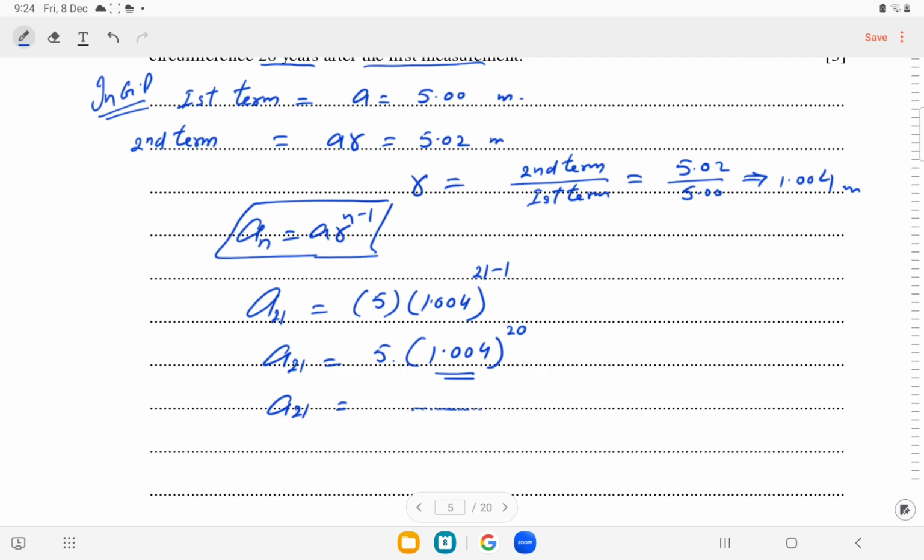I'm going to multiply 5 times bracket 1.004, very close, this power goes to be 20, and here comes the answer, 5.415. So we can write up to 2 decimal places or 3, it's up to you, but 2 or 3 is maximum. 5.42 meter is the final answer.